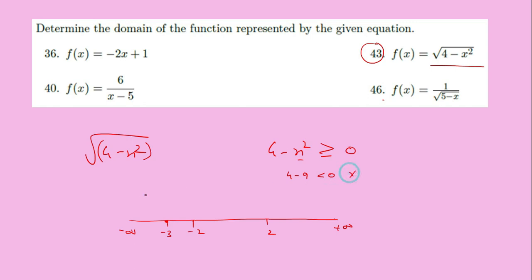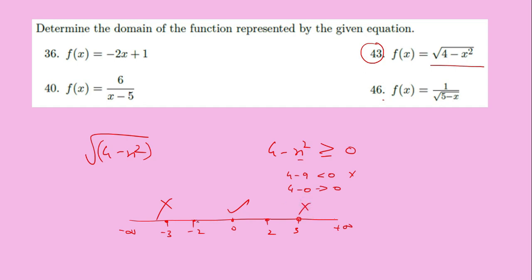Not true, so this is not our interval. In the middle interval, pick 0 for x: 4 minus 0 is positive, so this interval is good. In the third interval, pick 3: 4 minus 9 is negative, so this is not our interval.